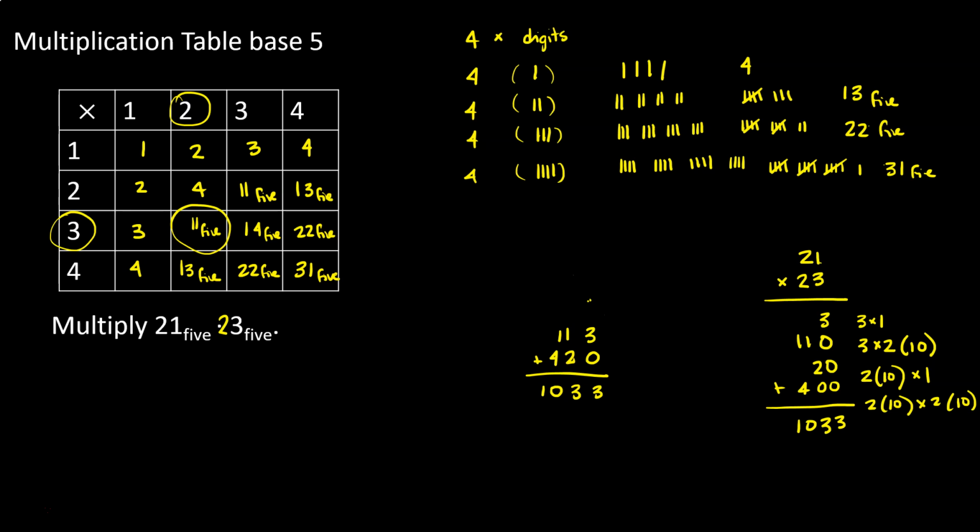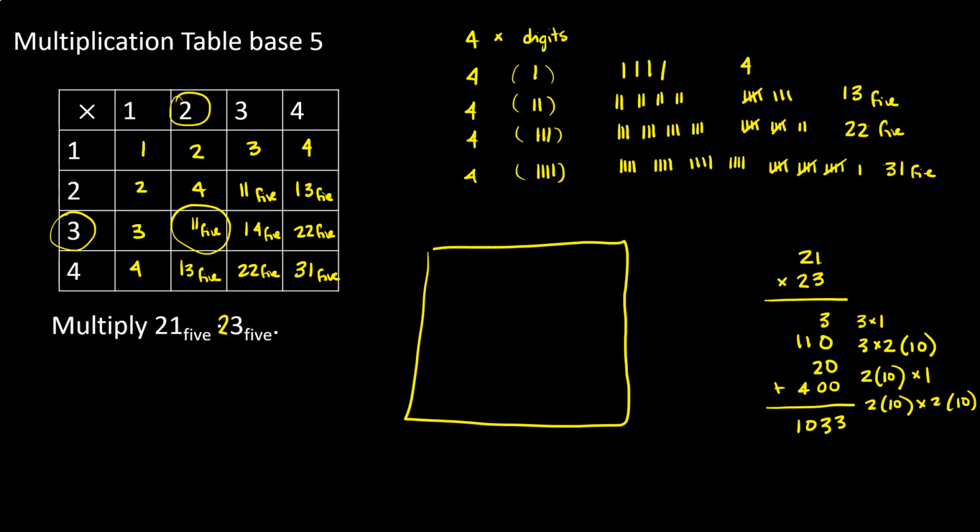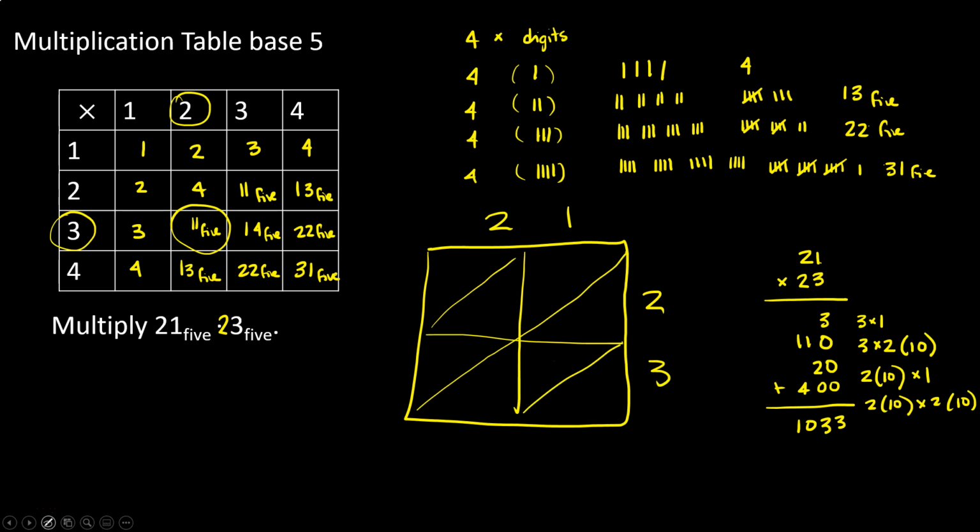Let's do the same problem using the lattice multiplication. All right, 2, 1, 2, 3, and then I'll draw my lattice. What's great about the lattice algorithm is I can do this in any order I want. It doesn't have to be left to right. So I can do 2 times 3 first if I want to, which is one group of 5, one single.